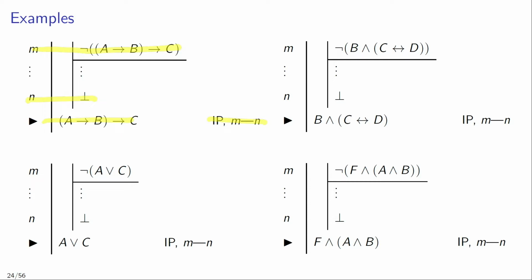As a second example, let's look at the left bottom corner. If the supposition that it is not the case that A or C leads to a contradiction, then you can infer A or C, and justify this inference by citing indirect proof as applied to lines m to n.